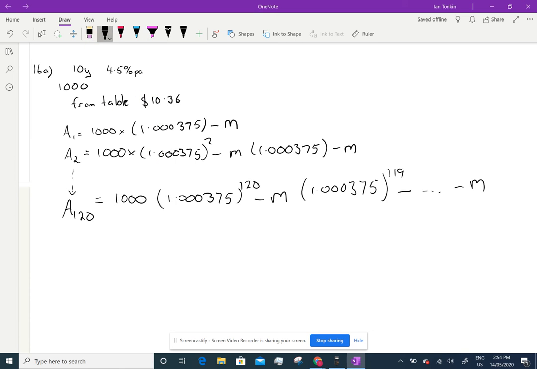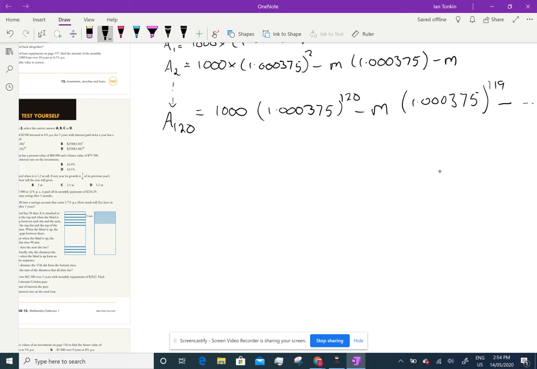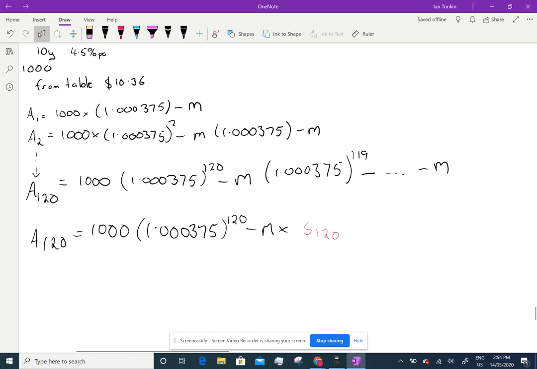Righto. So A120 equals 1,000 times 1.000375 to the 120 minus M times S of 120. And what is S of 120?